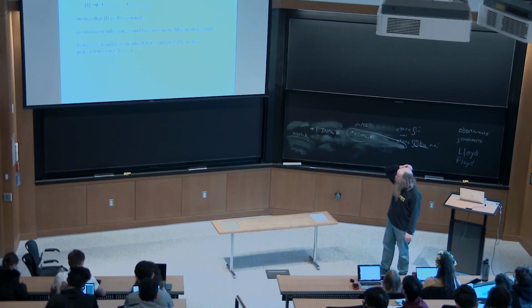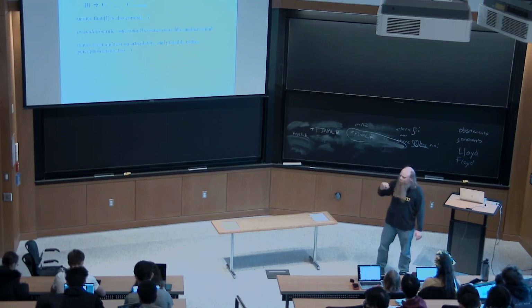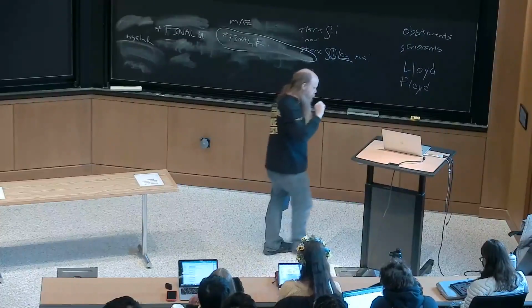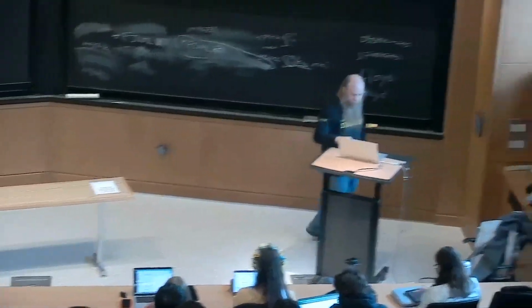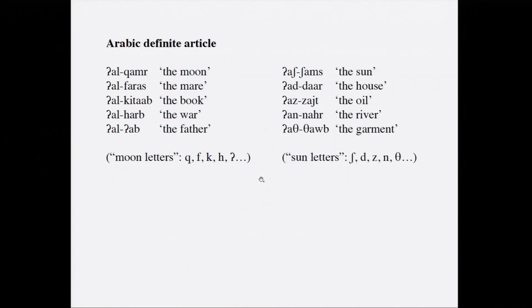It probably also makes perception easier. If you're speaking Arabic and you say, let's take the sun, you know that the word for sun is shams, and you've got this thing before it.